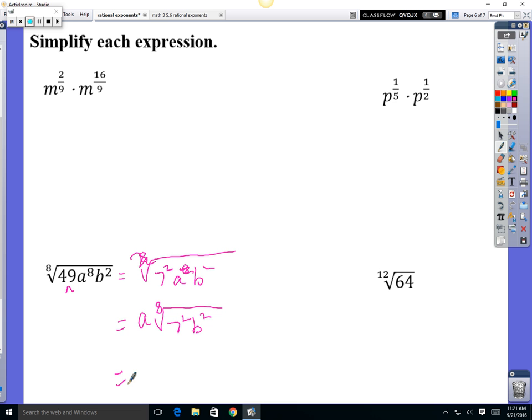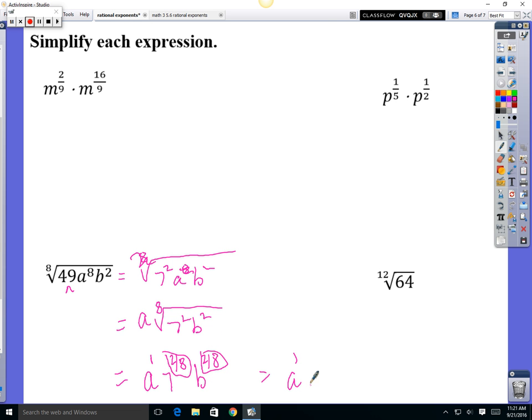If you morph it, it's going to be a, when a came out, I'm going to have 7 to the 2 8ths, b to the 2 8ths. And then clean these up, 2 8ths and 2 8ths. Go one more step.